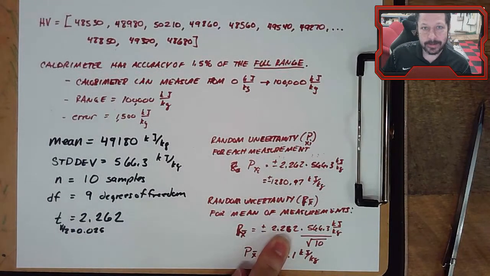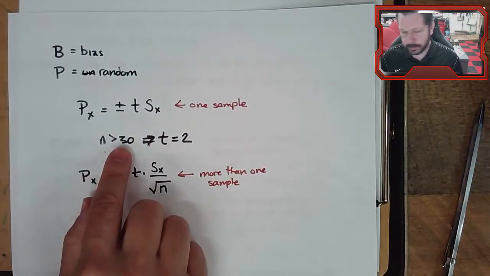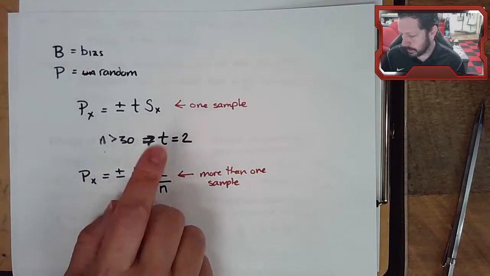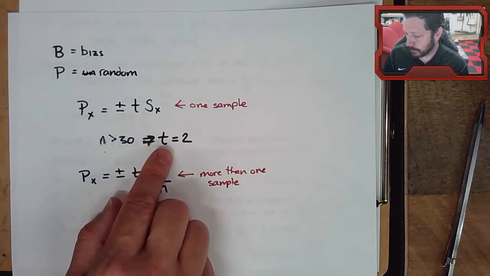So this goes back to, did I write it down? Yeah. When n is greater than 30, a large sample, then instead of going to the chart for t, you just say t equals 2.